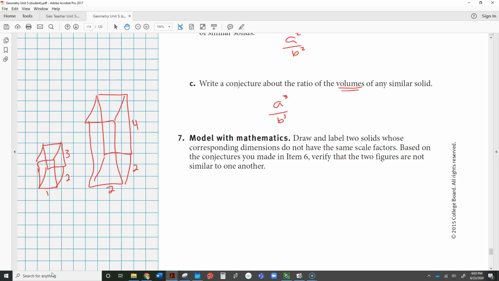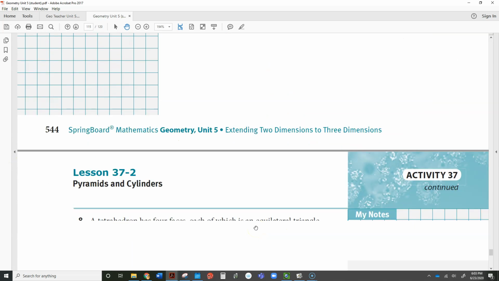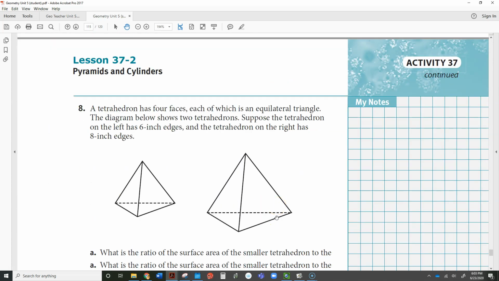So these are definitely not similar. It says, based on the conjecture you made, verify the two figures are not similar to one another. So if we found the volume of this one and the volume of this one, they are not going to have this relationship. That seems like a complete and total waste of time. I'd much rather spend my time doing something where I know what the relationship is, not proving that it's not. Okay.